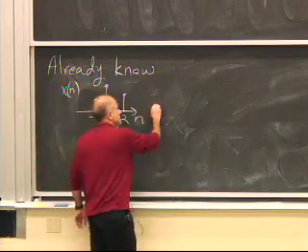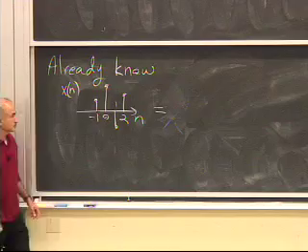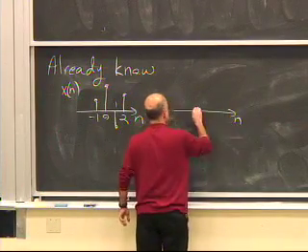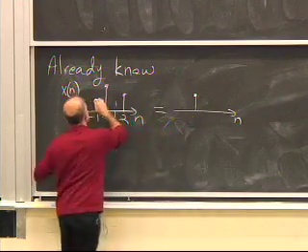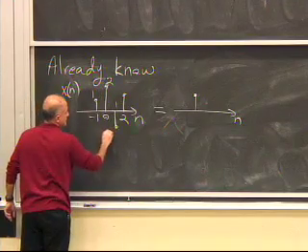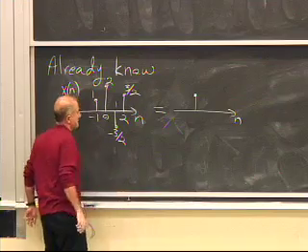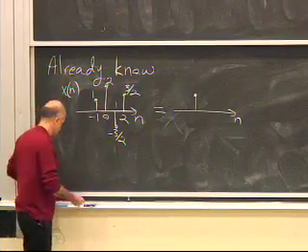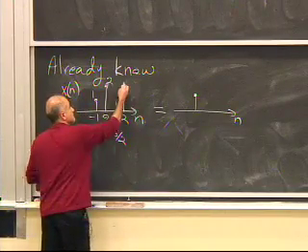You already know how to decompose this into a linear combination of impulses. Right? You can write this as an impulse at minus 1 scaled by, let's say, 1, 2, minus 3 halves, and let's say this is 3 halves. Let's make it 5/4 just so that they're all different.